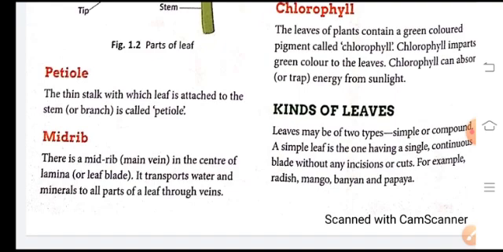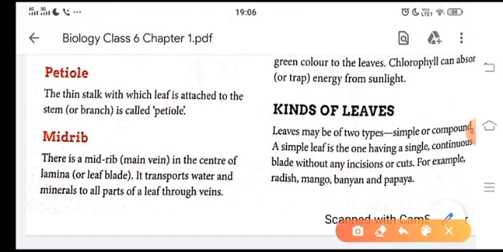Now children, our next topic is kinds of leaves. Children, leaves may be of two types, simple or compound. Now simple leaf has only one single blade without any cuts or incisions.